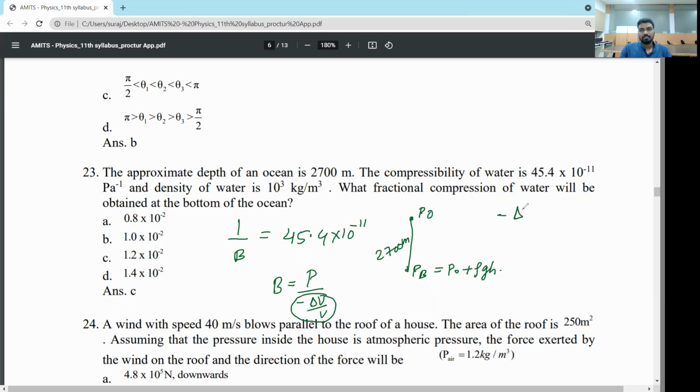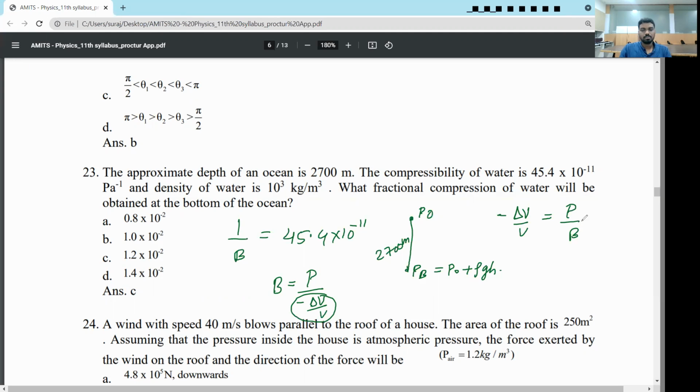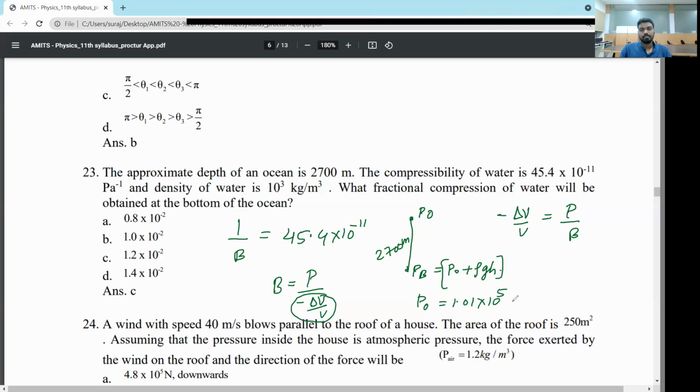So minus of del V by V will be equal to P by B. 1 by B value is given. Pressure value you can find, P naught plus rho g H. P naught is how much? 1.01 into 10 power 5 Pascal or Newton per meter square. Clear?